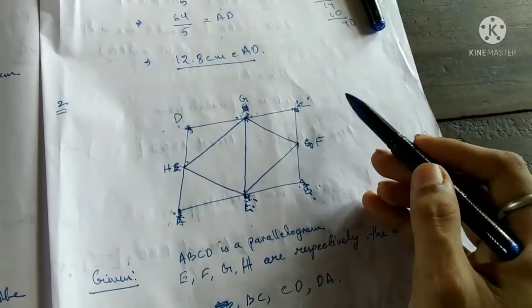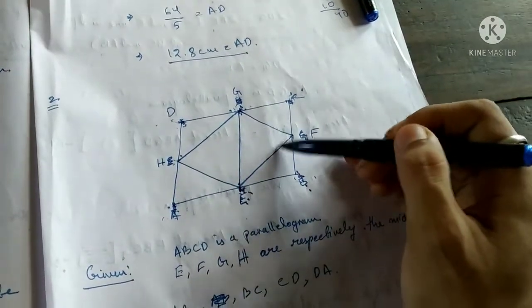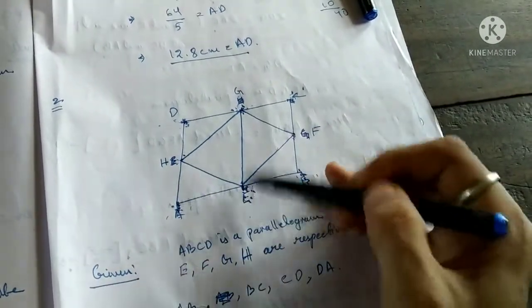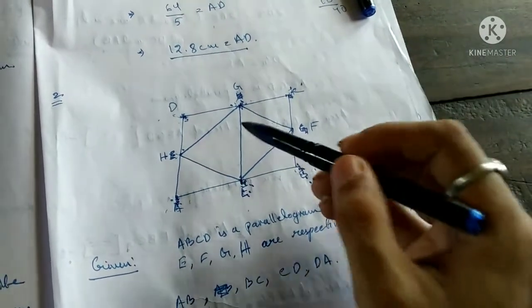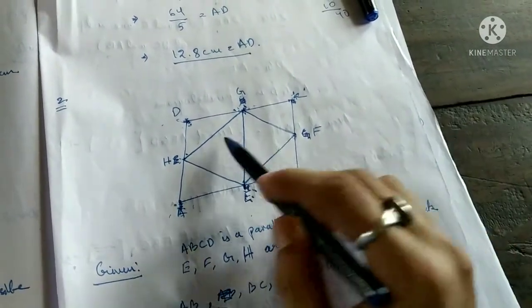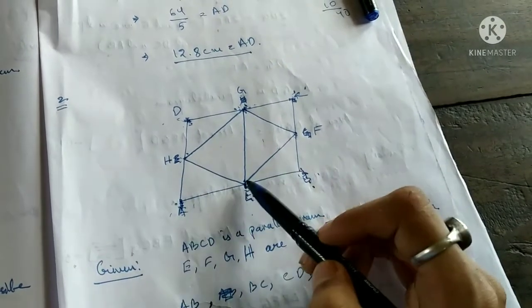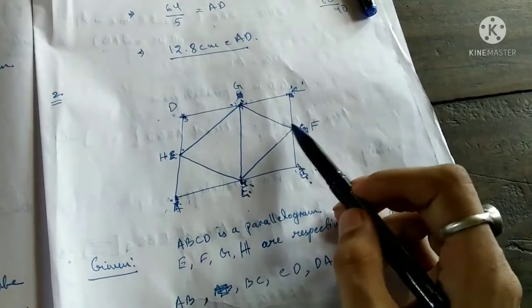Equation 1 plus 2, if I do, then I will get that area of this triangle plus area of this triangle is equal to half, will come out common, area of this parallelogram plus area of this parallelogram.